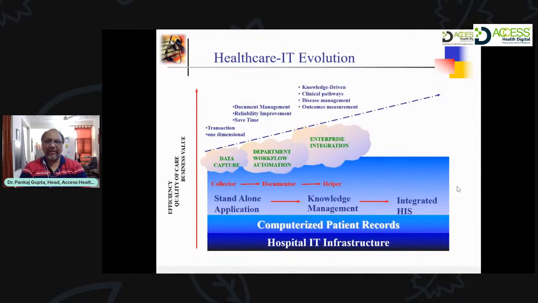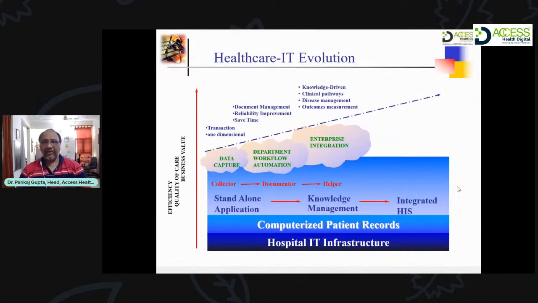The next level is enterprise integration, where you have different systems like the CRM, supply chain management, hospital information system, lab information system, pharmacy information system. They're all being integrated into an integrated enterprise, and that is something which happens most often in India and in the private sector.